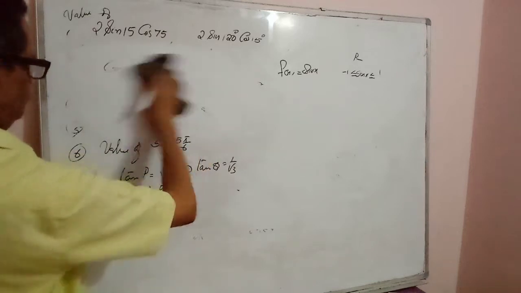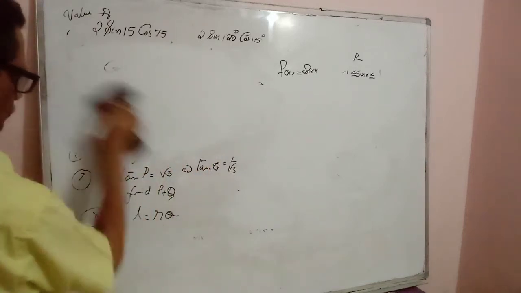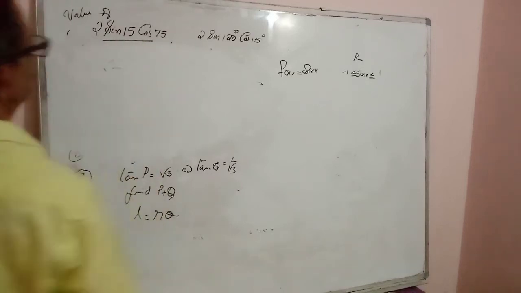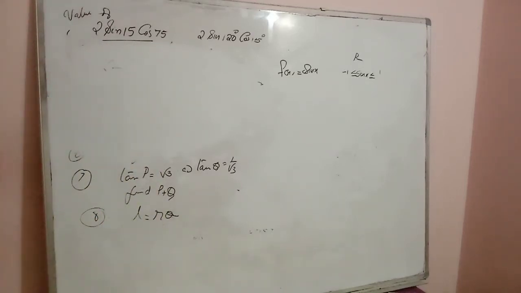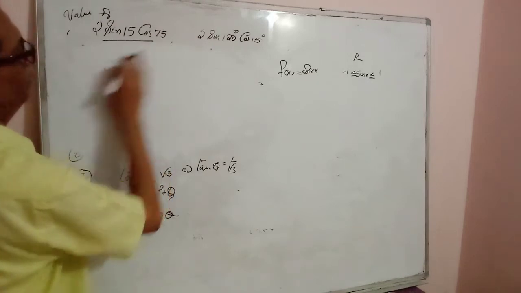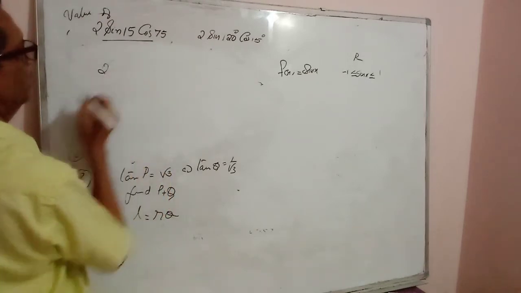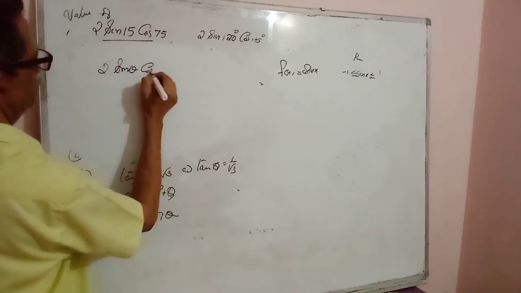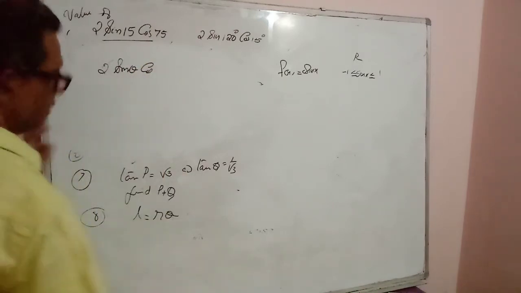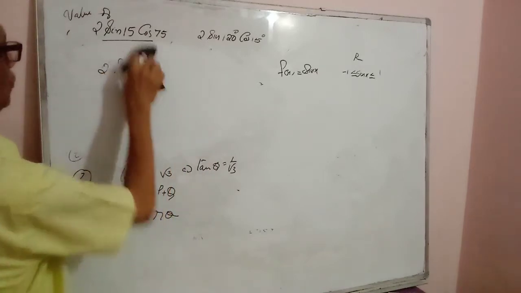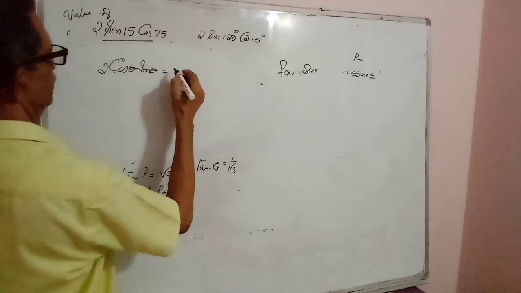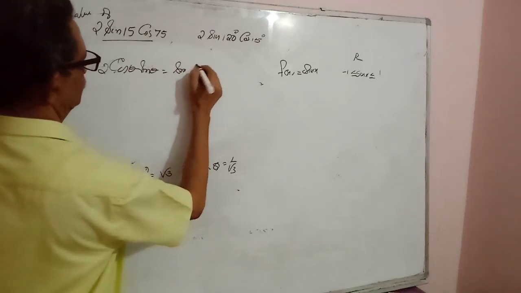Okay. Next. How can we find the value of this one? 2 sine 15 into cos 75. You have a conversion formula, 2 sine A cos B. The greater angle is 75.